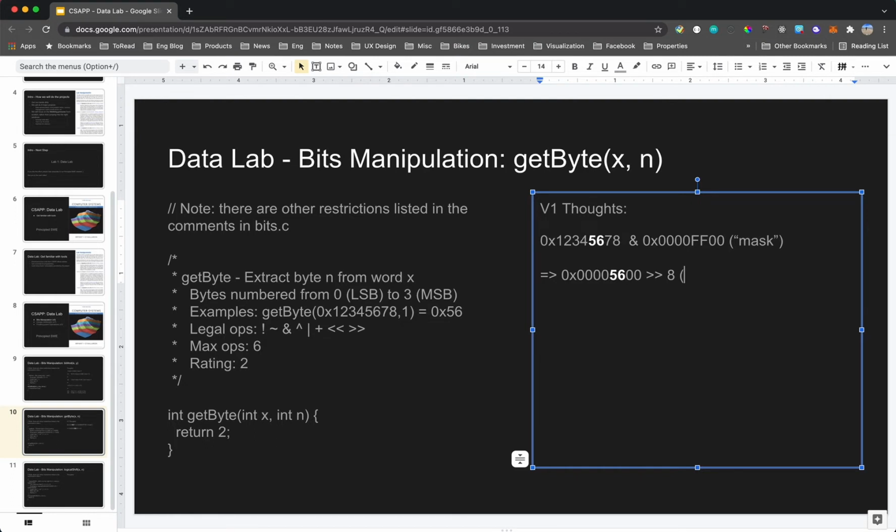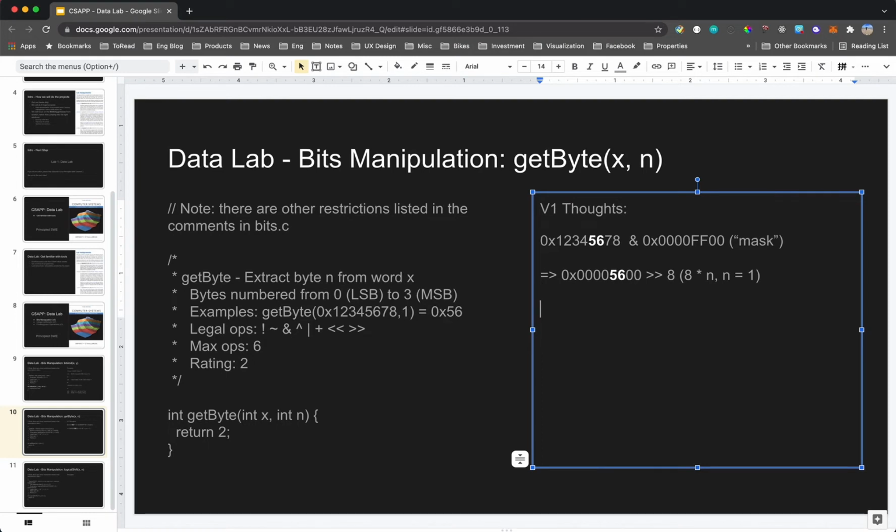So this 8 really is determined by number n, where when n is 1, we shift it by 8, right? If n is 2, that's when we want to extract these 2 digits, so we need to shift it by 16 bits in that case. Cool.